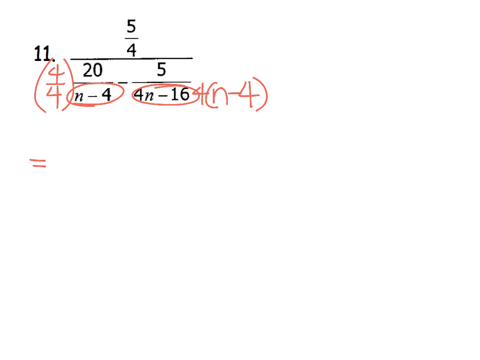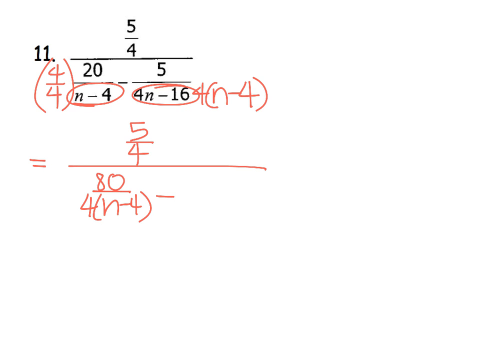So for number 11, we've got 5 over 4 on top, all over 4 times 20 gives us 80 over 4n minus 4, minus 5 over 4n minus 4. Now they're common denominators, so we can just subtract.